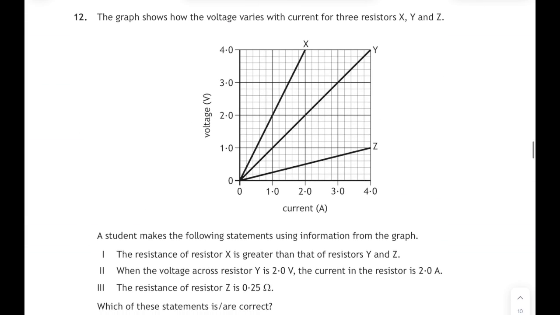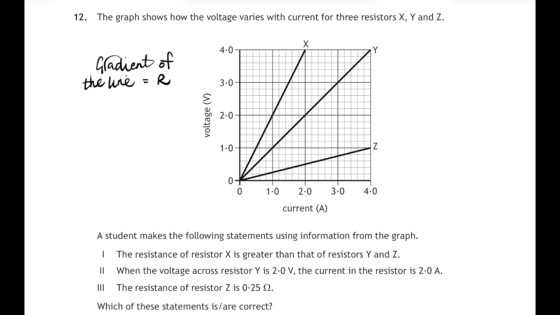The graph shows how the voltage varies with current for 3 resistors X, Y and Z. Now this graph has got voltage on the y-axis, current on the x-axis, and so the gradient of each line will be equal to the resistance of each resistor.